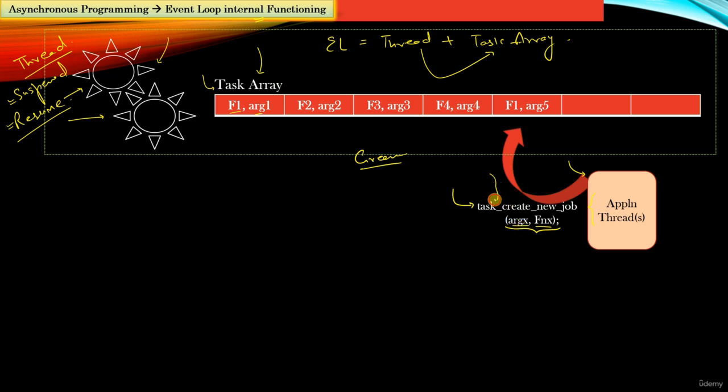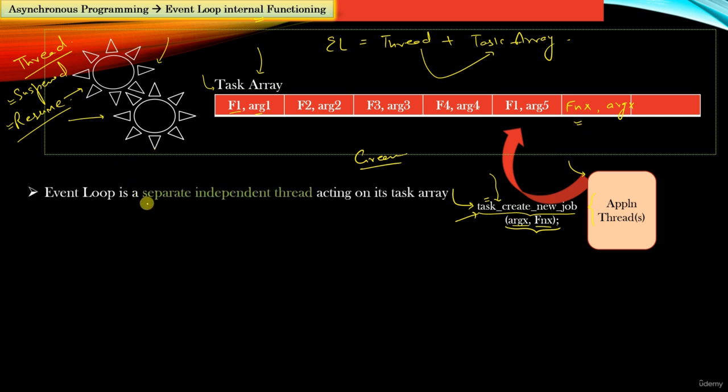We are going to write this API and discuss its implementation shortly. But let us assume that this API is used by the application to submit a new computation to the event loop. As soon as this API is invoked, the computation is queued up into this task array. So using this API, task create new job, the application submits the new computation to be executed by the event loop to the event loop task array.